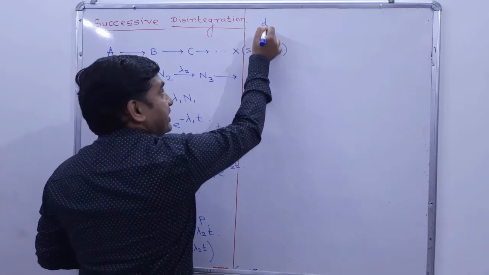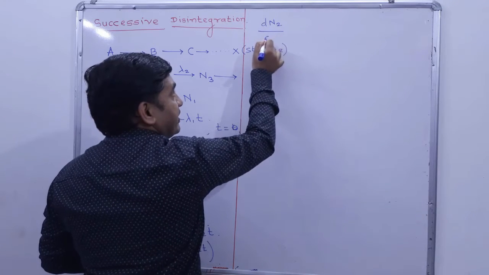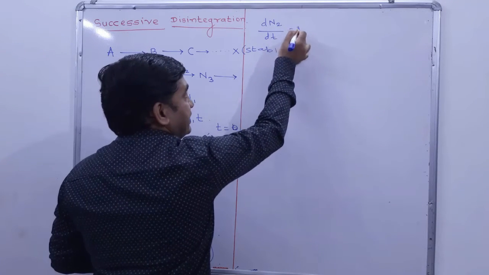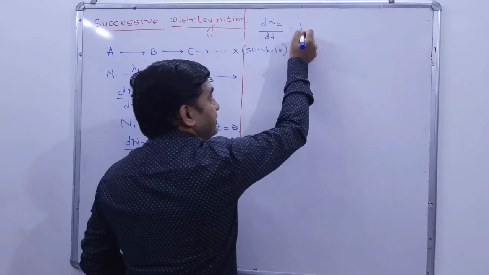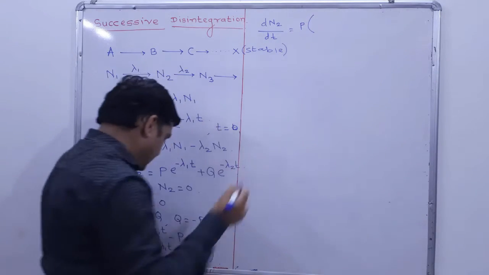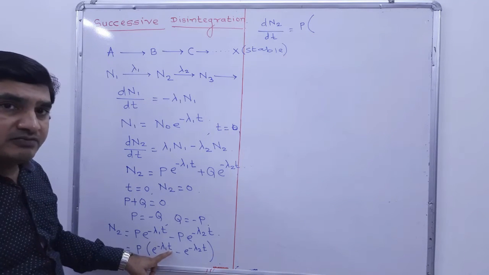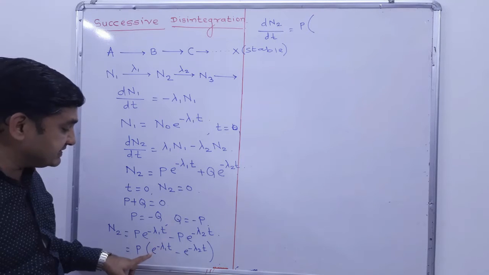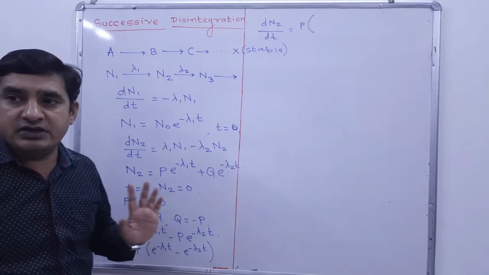When we represent the rate of disintegration of the daughter, that is dN2 divided by dt, we take the derivative of this term. p in bracket e raised to minus lambda 1 t: its derivative is minus lambda 1 e raised to minus lambda 1 t.